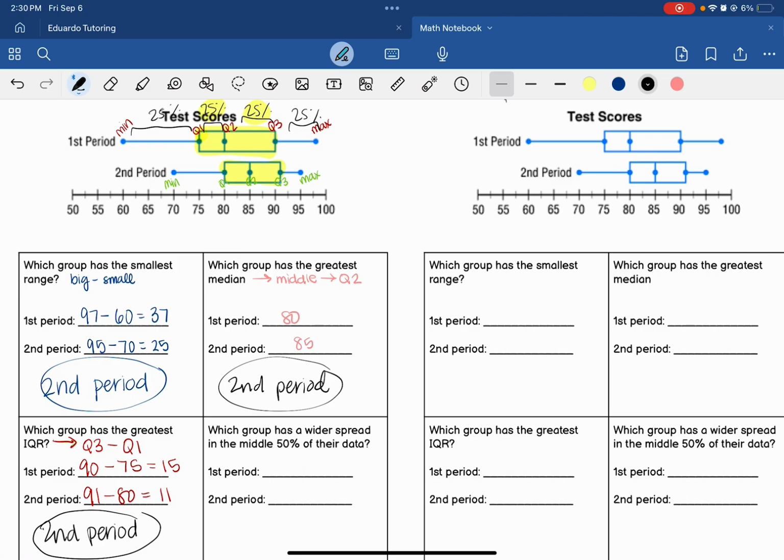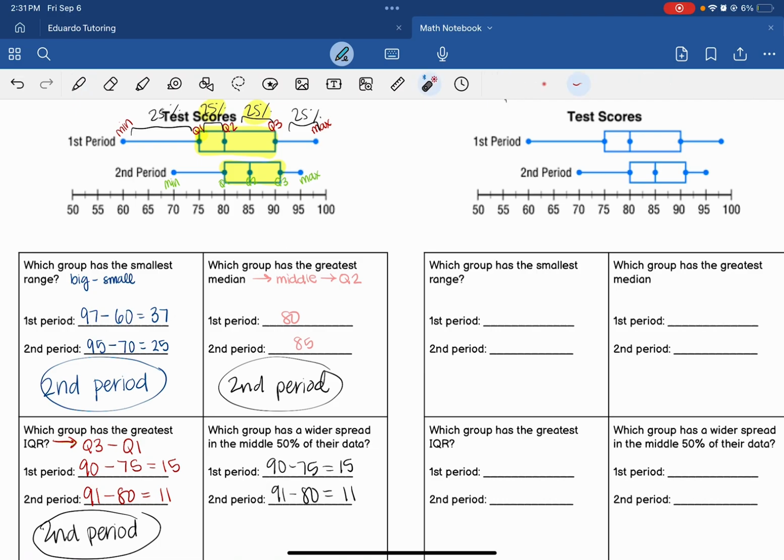So we want to know how wide that spread is. So it looks like the box goes from 75 to 90. So 90 minus 75 is going to give us that 15. And then for second period, it looks like we're going from 80 all the way to 91. So again, that's 91 minus 80, and we get 11.